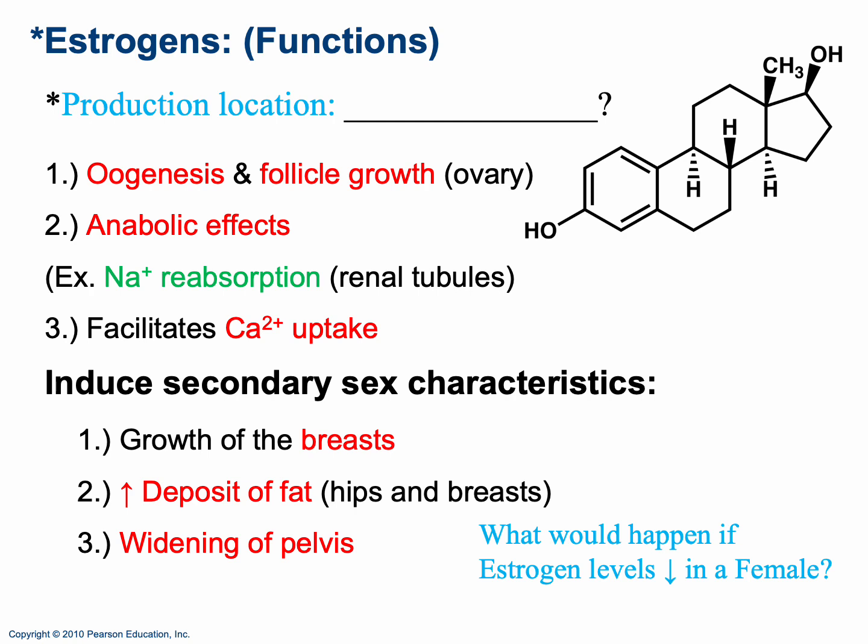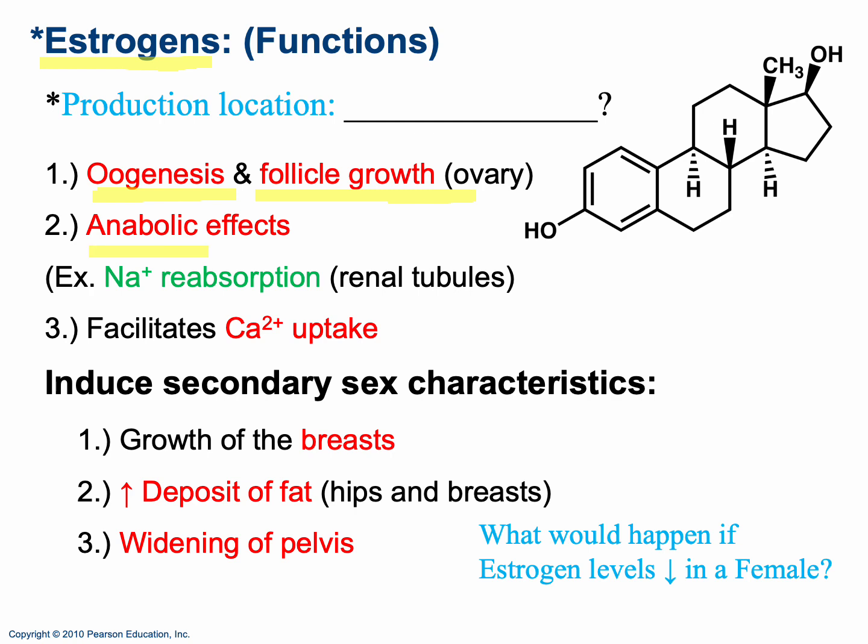We're now going to take a look at the critical functions of estrogen. So estrogen, such an important hormone in the female. Estrogen, or estrogens, because there's actually a variety of derivatives of estrogen. Estrogen is important for oogenesis, so production of the eggs and follicle growth.